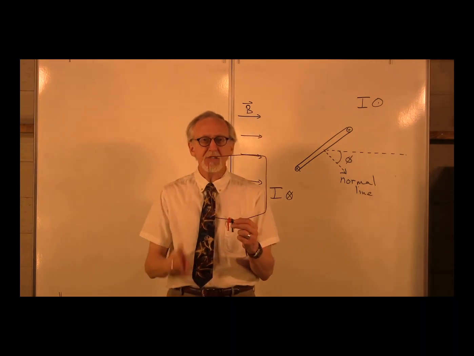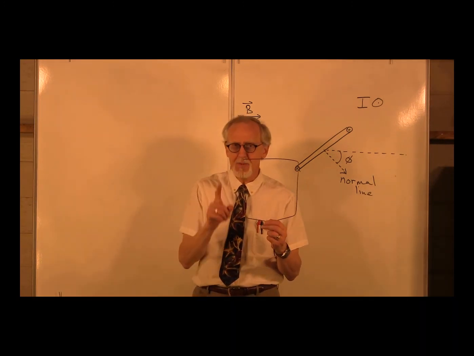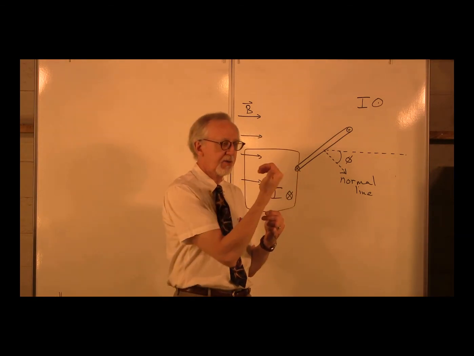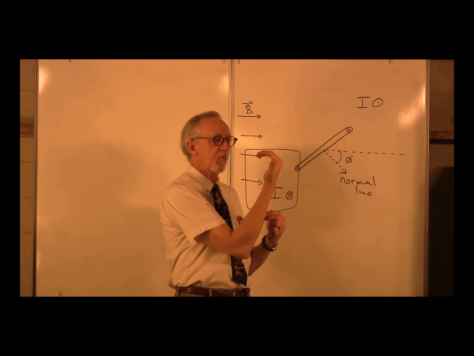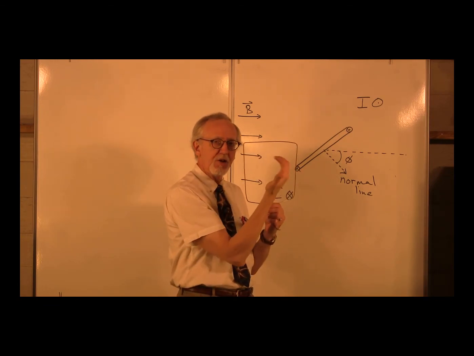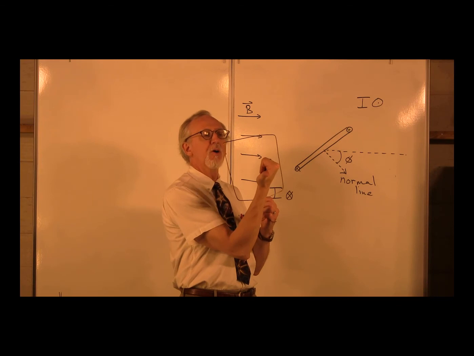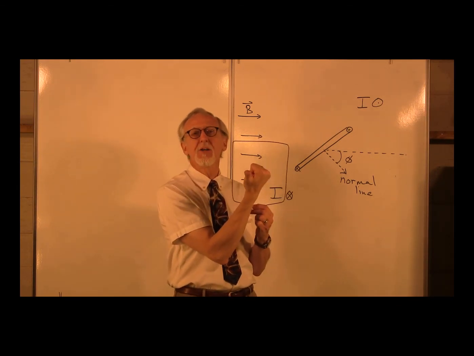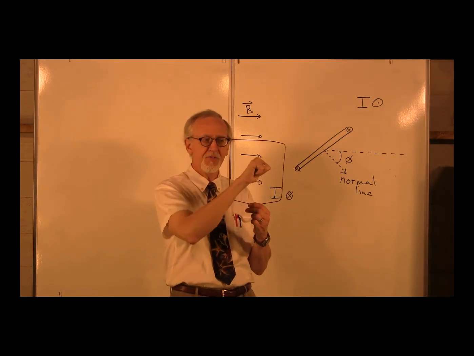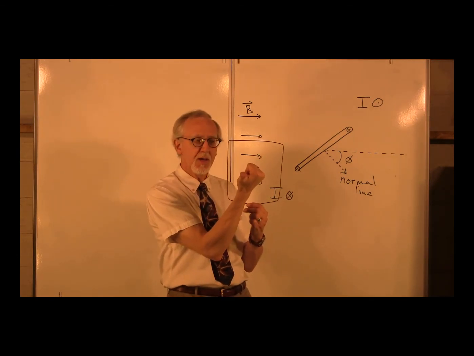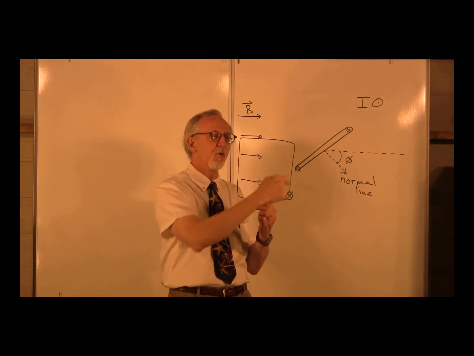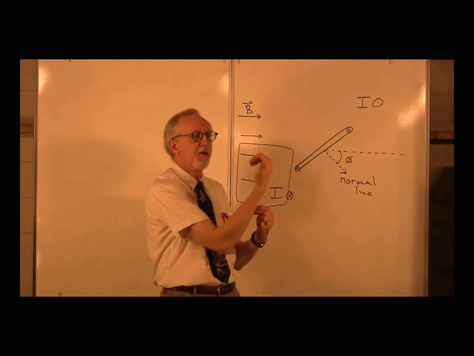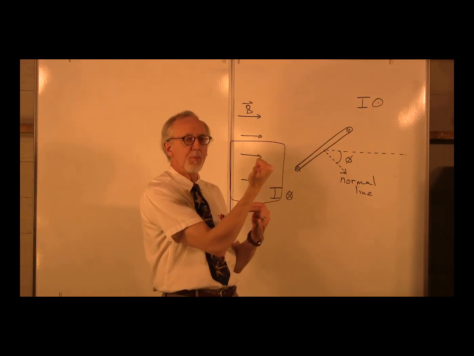Rotate your fingers in the direction of the current, and your right thumb points in the appropriate direction for the normal line. So not this one, this one this way. If we had a current going the other way, then we would define the normal line this way. But for the current that we have, we'll define our normal line this way.